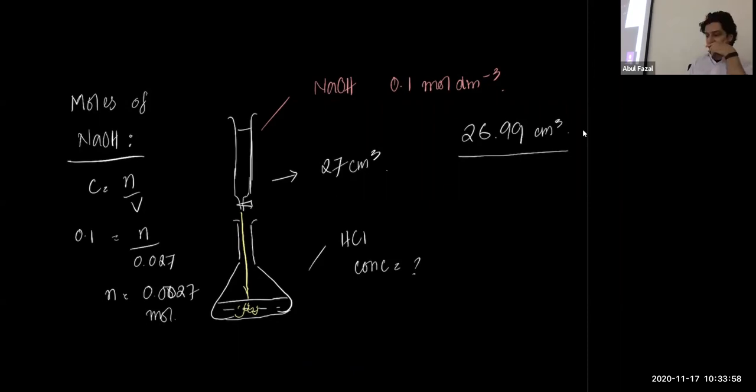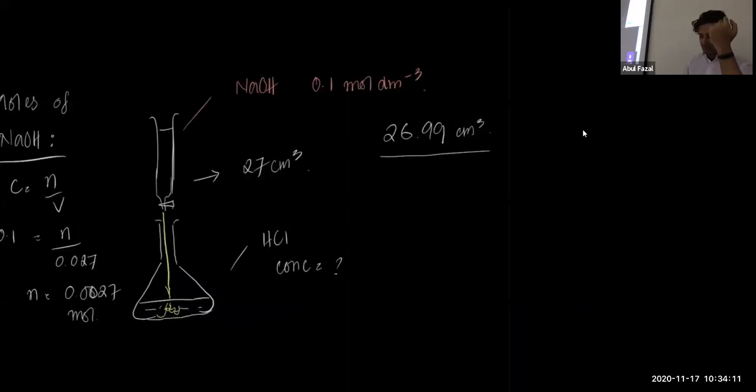Where is this going? Who can go one step further and tell me what's next? Remember, our original goal was to calculate the concentration. Check from the equation. Write the equation and see what is happening there.